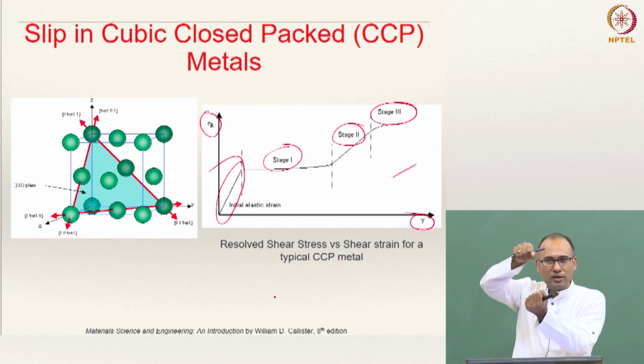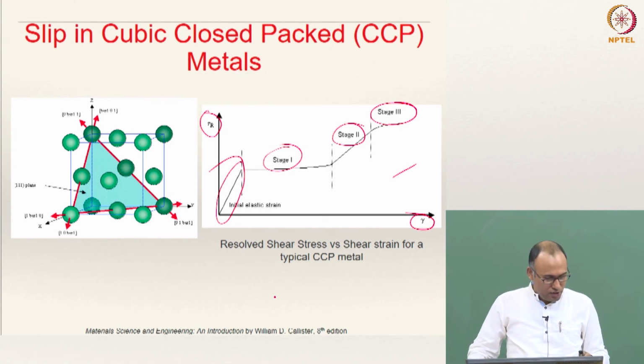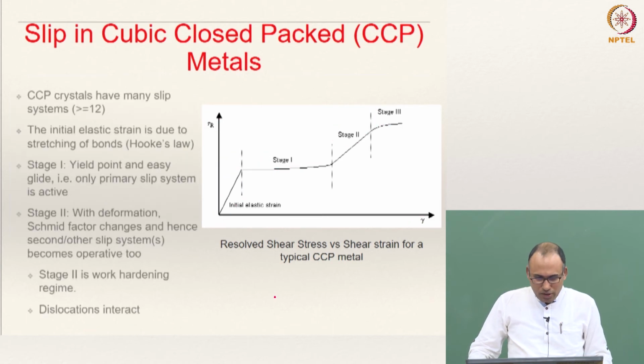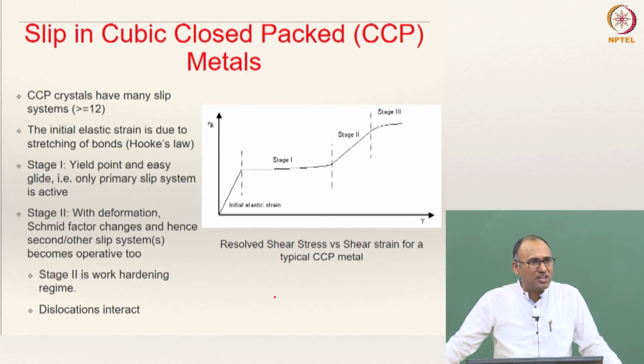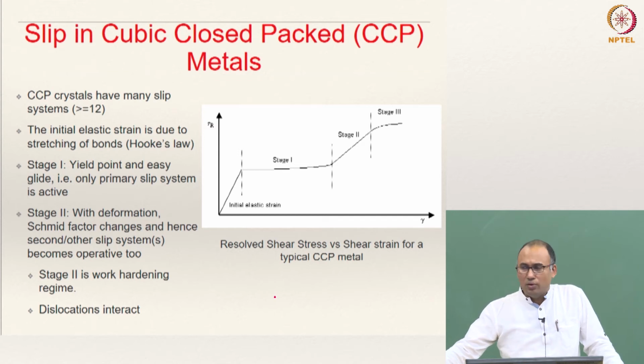The breakage of bonds through dislocation motion is what we have seen as slip, and that is nothing but plastic deformation. Okay. So if you have a cubic crystal, and we know these cubic crystals have many slip systems, typically greater than or equal to 12. In FCC you have 12, BCC 48 and HCP 12.